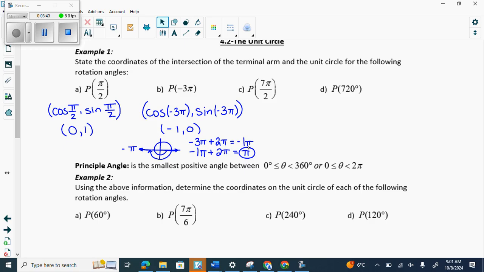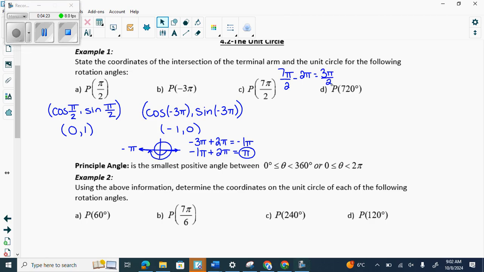Okay, 7 pi over 2. If I subtract 2 pi off of it, what am I going to get? What's 7 pi over 2 minus 2 pi? 3 pi over 2.